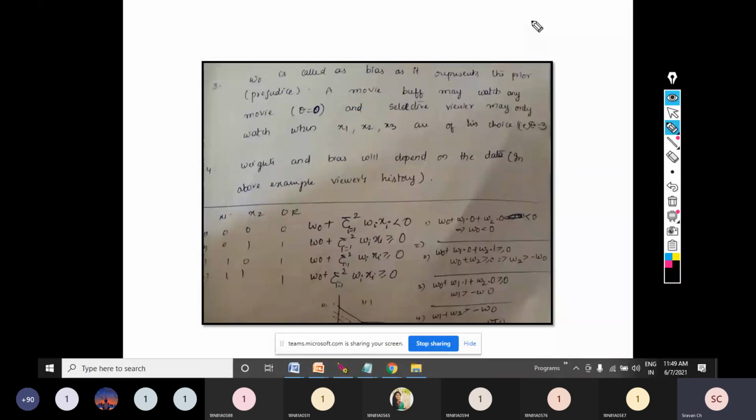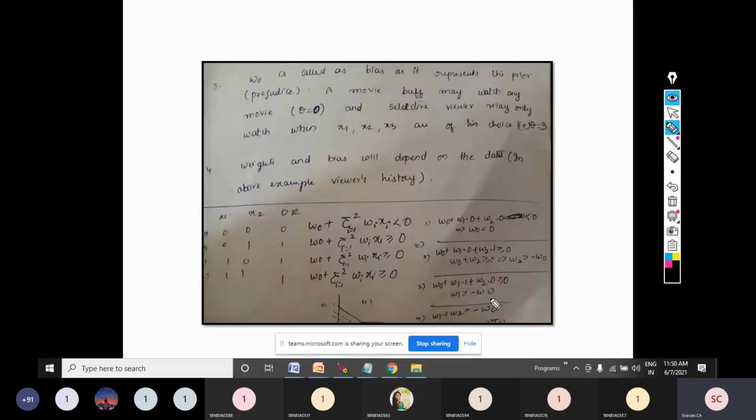So what is the relationship between all these weight variables? I got it here. Accordingly, whatever value I take for w1, it should be greater than minus w naught. Like that, I will randomly assign initial values for weights.